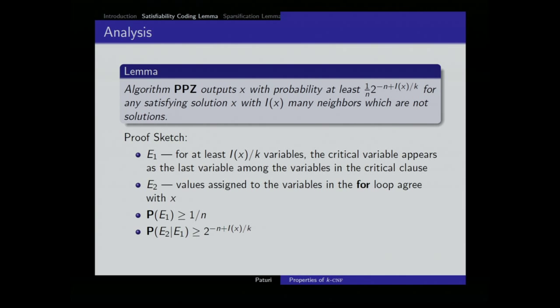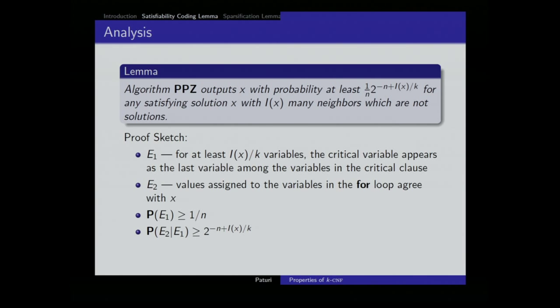So the proof is again very simple. It follows from the previous kinds of arguments. To get the particular savings, we want two events to be satisfied. One is that for sufficiently many critical clauses, the critical variable appears as the last among each set of variables according to the random permutation.